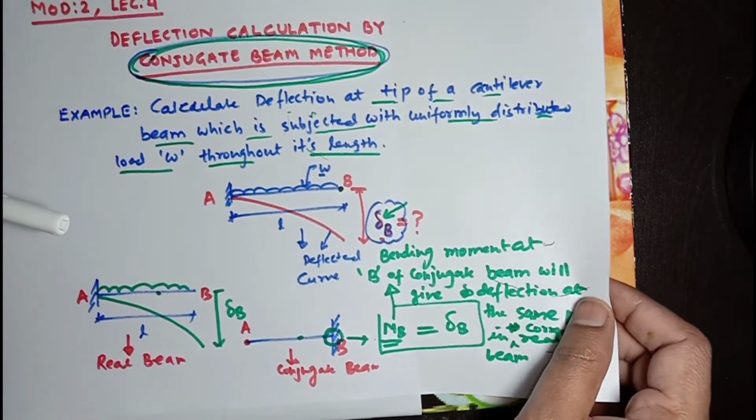Now first we have to convert a real beam into a conjugate beam.